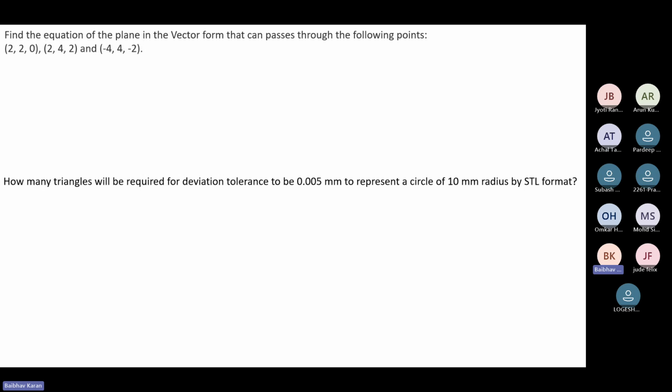Does anybody have any idea of how to proceed with the answers? Just type it in the chat box. How to proceed?